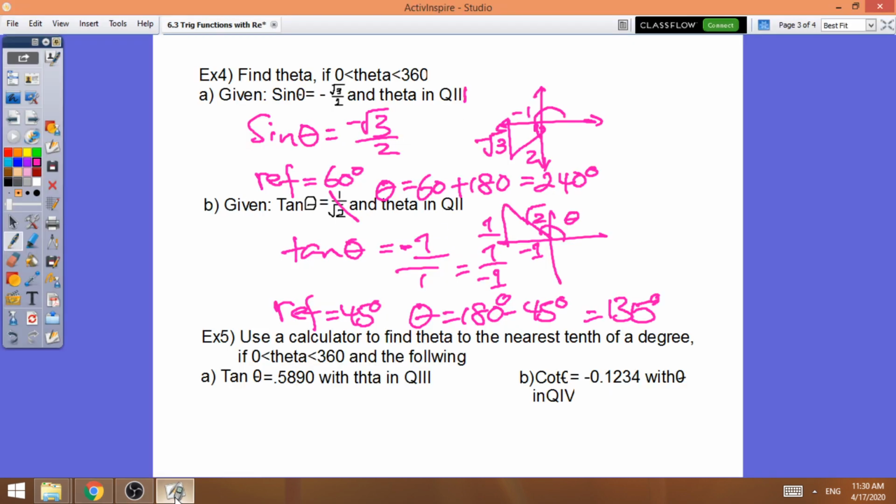Okay, so the one that's given is tangent of theta is 0.5890. Now one thing you need to watch out for: this one is saying that theta is in quadrant 3.